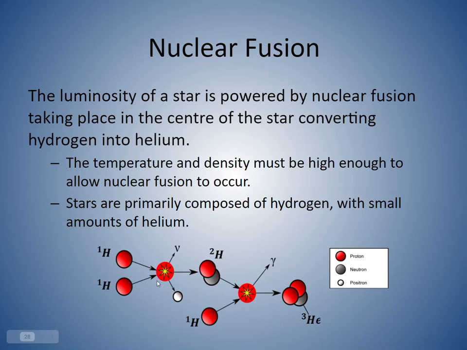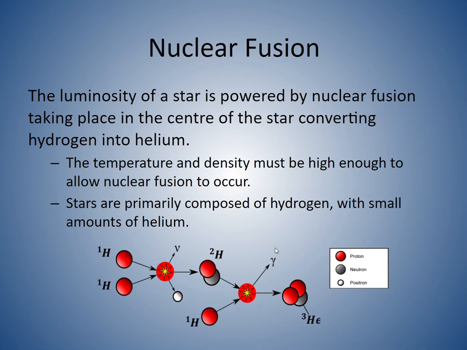So these two protons are going to come together. One of these protons releases something called a positron and a neutrino and becomes a neutron. Then it collides with another hydrogen, another proton, and that creates this helium atom.